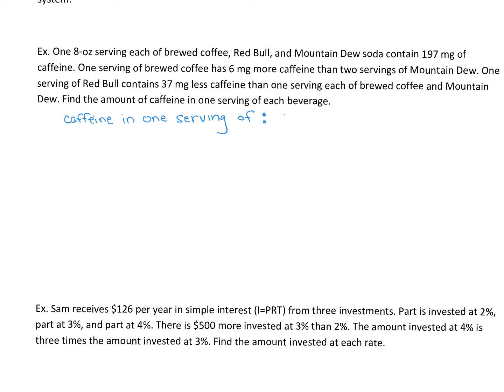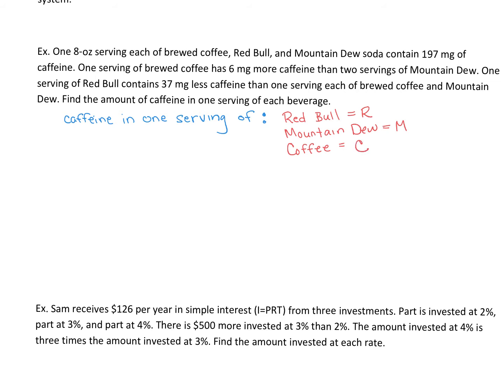For Red Bull, we'll call it R. For Mountain Dew, we'll call it M, so this is caffeine in one serving of Mountain Dew. And for our coffee, we'll use C, and again, that's caffeine in one serving of coffee.